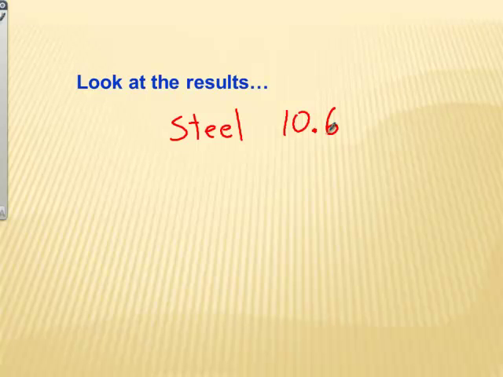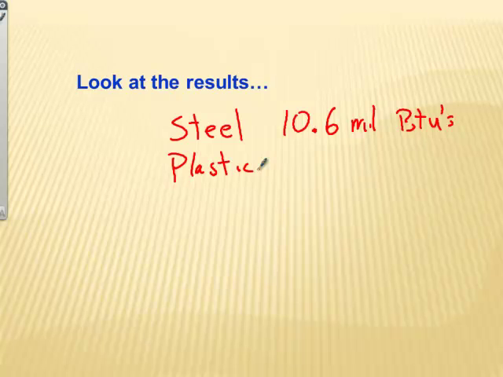So the more you can save in BTUs, the less expensive it is. So in this case, it saves 10.6 million BTUs per ton. Okay, that's steel. Plastic per ton is 98 million. A lot better, but that's a lot more plastic.